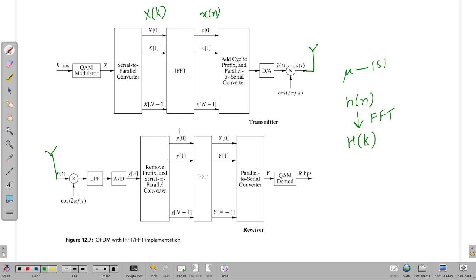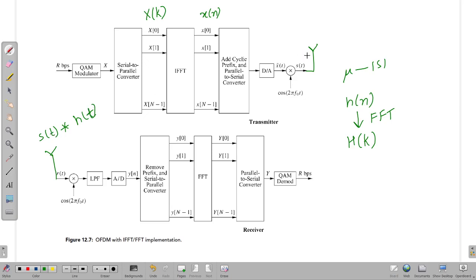The received signal is actually s of t linear convolution with h of t, where h of t is the impulse response in the time domain, and t is for a continuous variable.